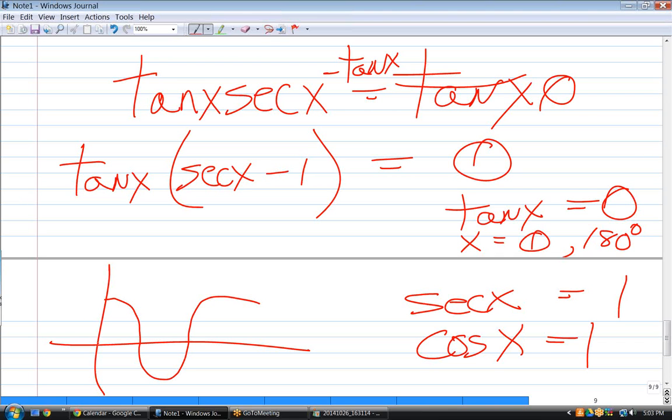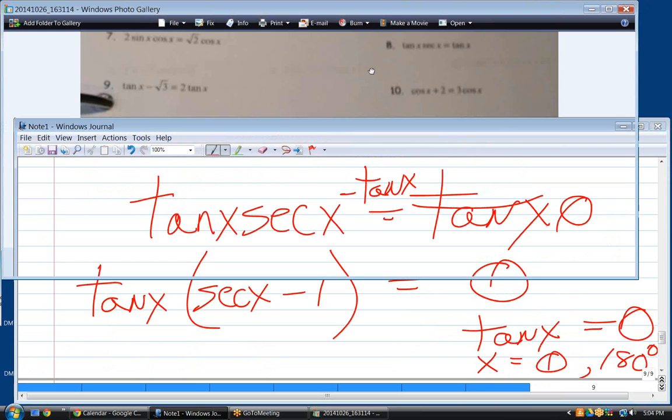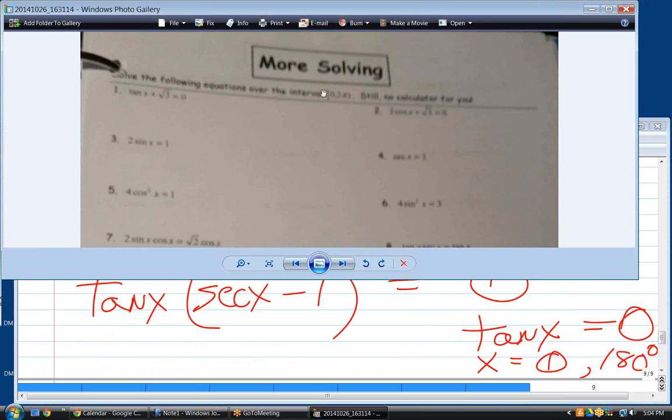Actually, right there. This is 1. So it's at 0. So x equals 0 degrees is one answer. And it doesn't get back to 1 until 2 pi. But 2 pi is outside of our range, I believe. Where's the bracket here?